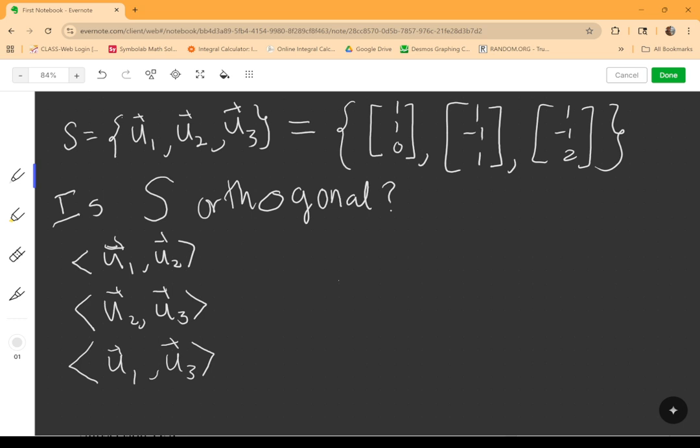So if we do this, u1, u2, that would be 1 times 1 plus 1 times negative 1 plus 0 times 1. So that equals 1 minus 1, which is equal to 0.